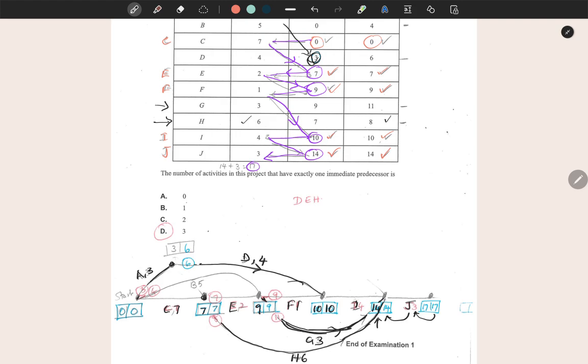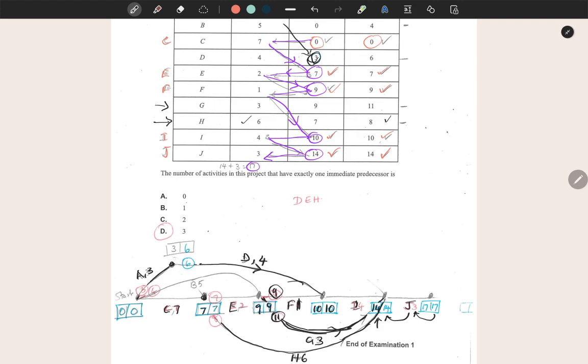Now 14 take away 3 along G gives me 11, but if you go backwards from the end of 10, 10 take away 1 is 9, and the smaller number is selected, so that's 9.